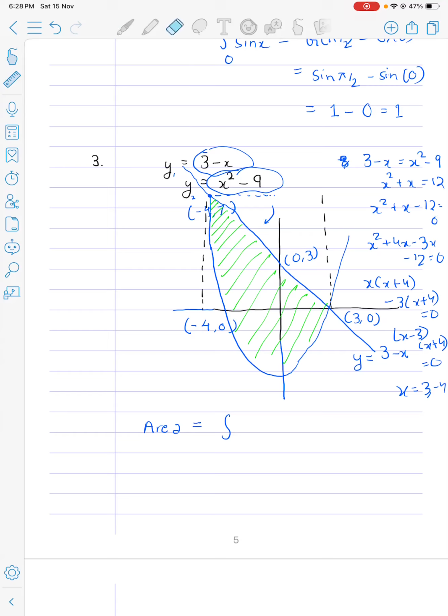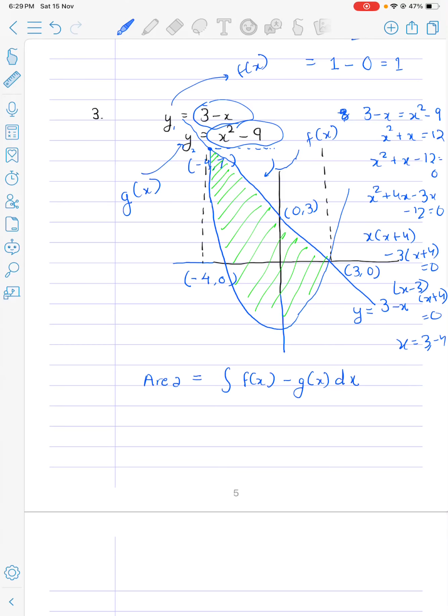Okay, so what I'm going to do is denote this above one by fx, and this one will be gx. So if you want to find the area, you will do fx minus gx.